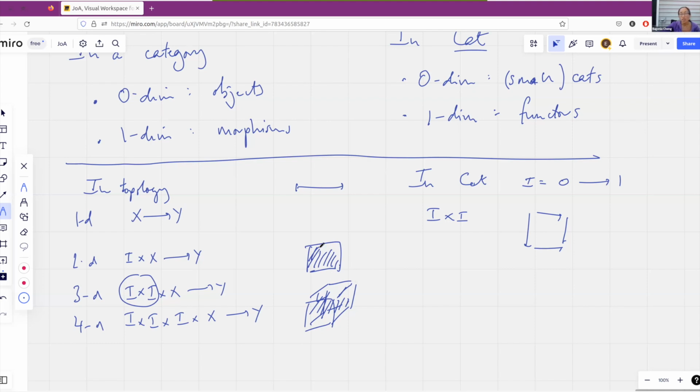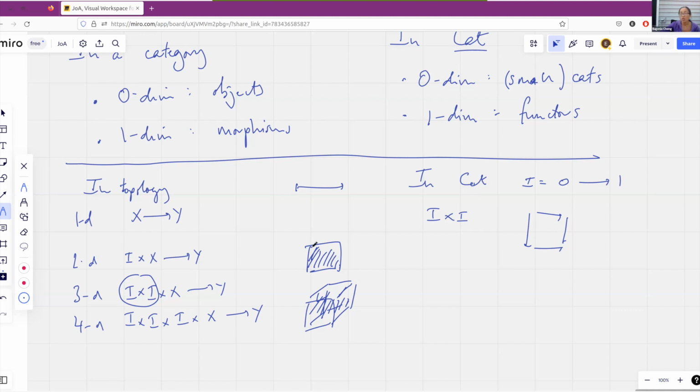Whereas in topology, I cross I gives you another dimension because it's filled in. So the reason that we can't really do this in categories is that we just don't have any more dimensions in a category. If we were in a two category, then we could take a version of the I cross I thing with an isomorphism inside it. And that would be more like what this square is in homotopy theory.